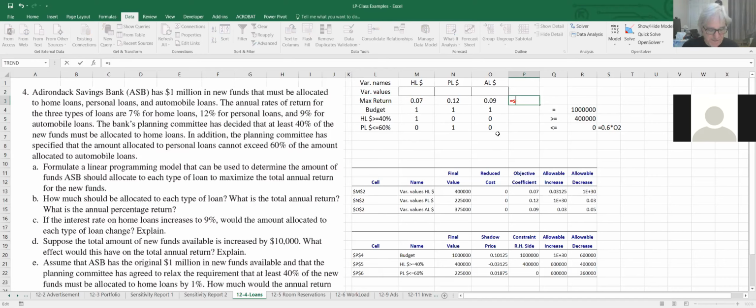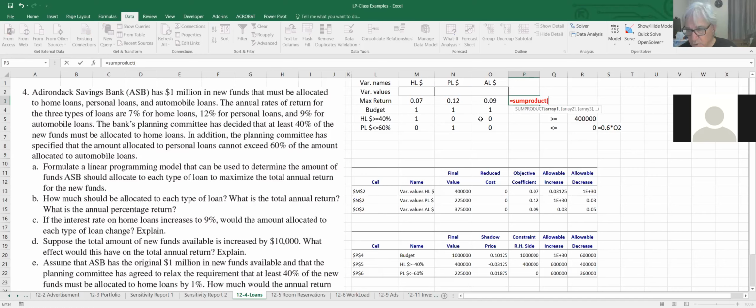You do it this way. You take SUMPRODUCT, which is an Excel function, and you open parentheses, and here's what it does. It takes the home loan amount times 0.07, personal loan amount times 0.12, and auto loan amount times 0.09.